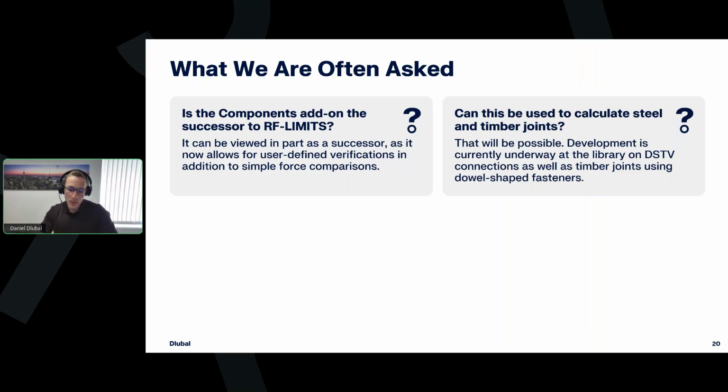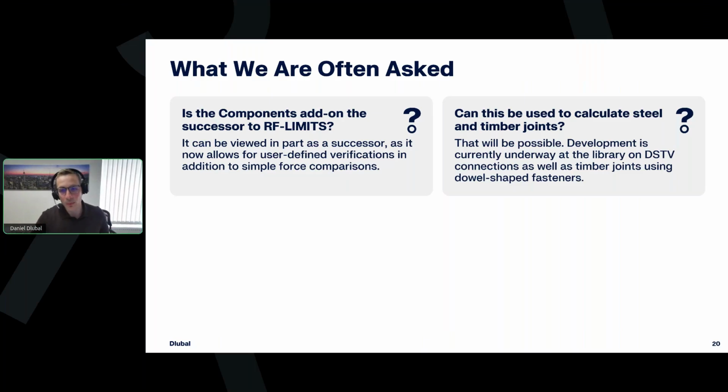You can see this as a very fast design of very standardized steel connections. Of course, it will not replace the Steel Joints add-on, where you can really do any user-defined steel connections.